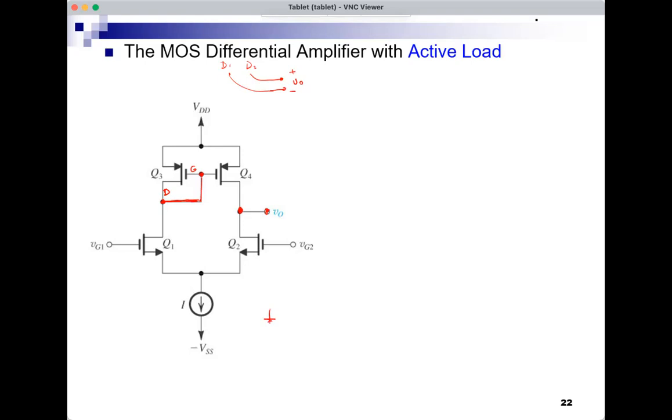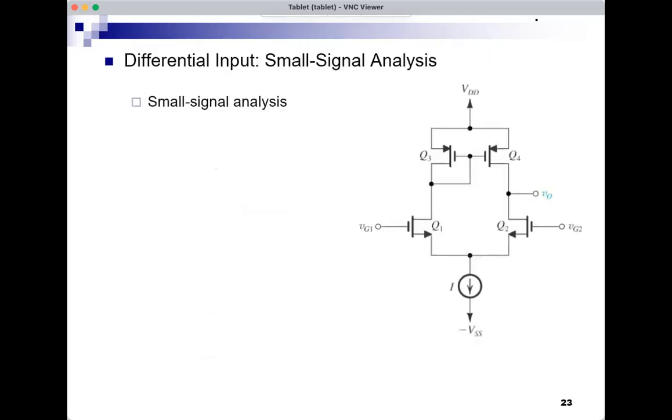The way to show that this is true is by doing small signal analysis over the whole circuit. It's a multi-step procedure because I have to replace all the MOSFETs by their small signal models and do circuit analysis. There's no symmetry here to benefit from.